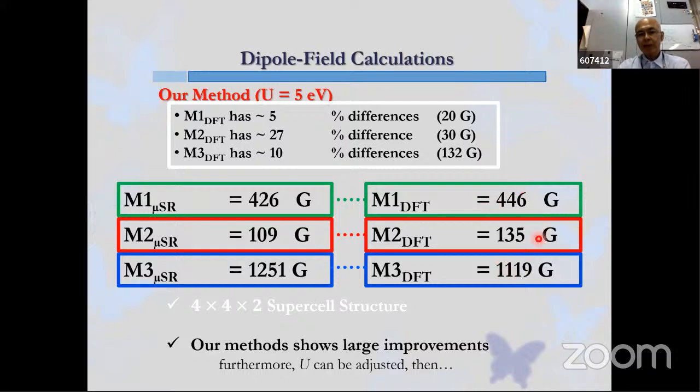Then, by optimizing the DFT calculation conditions, we can find the final electronic state from the DFT calculation. That is the view of the distribution. That is the final, very new result obtained from our recent calculations.